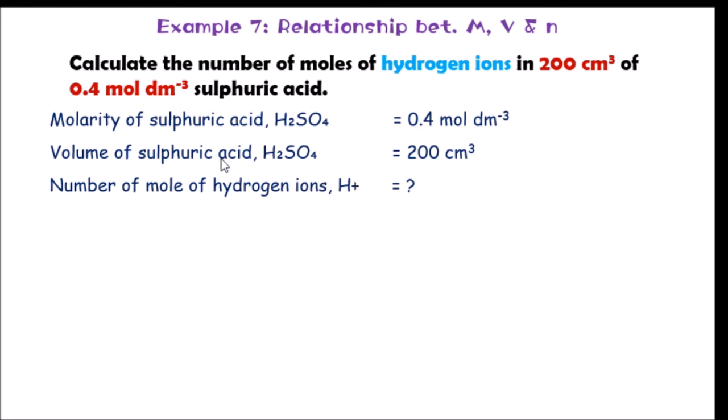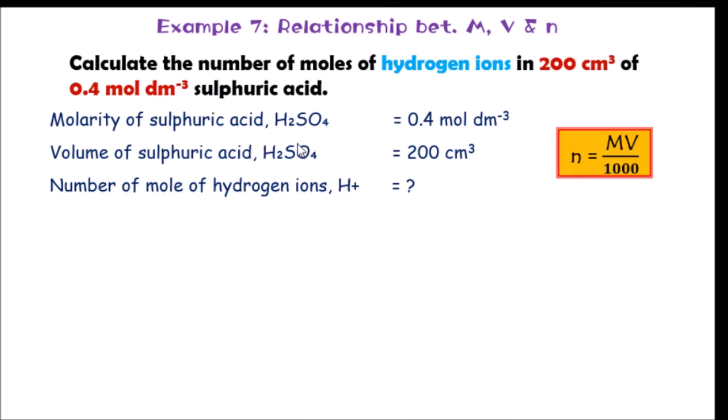So, first step, what you need to find? Can you tell me what you can find first from the information you have here? Molarity, volume. So, you can find the number of mole of the sulfuric acid first.